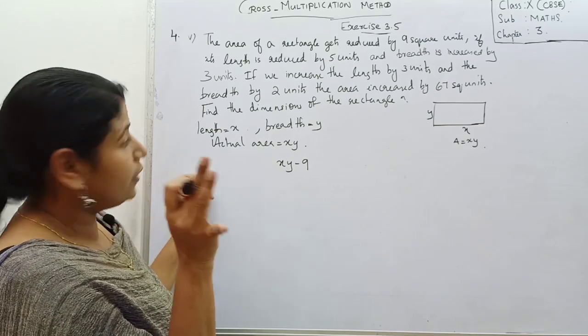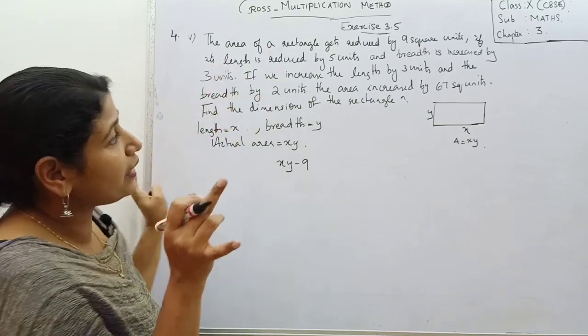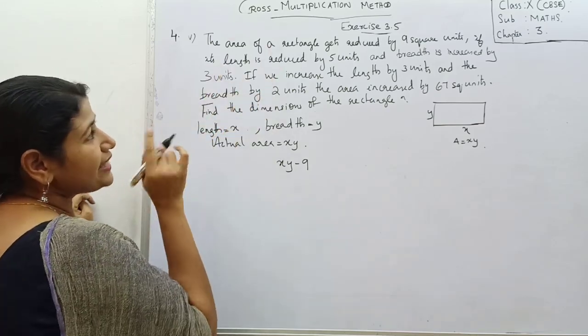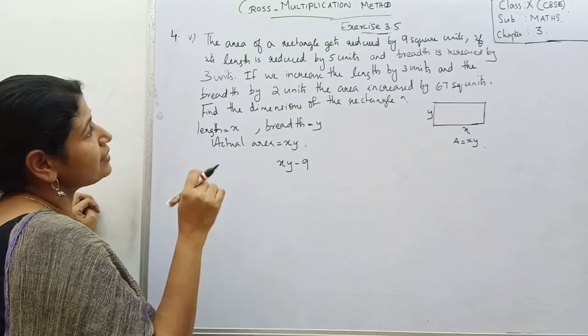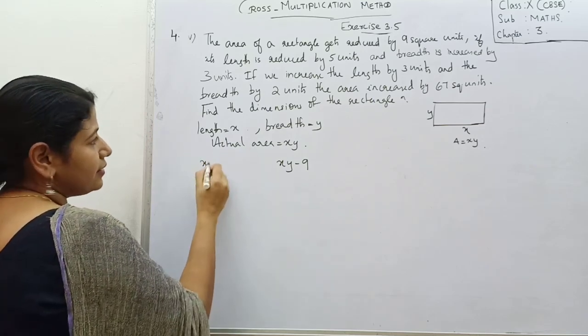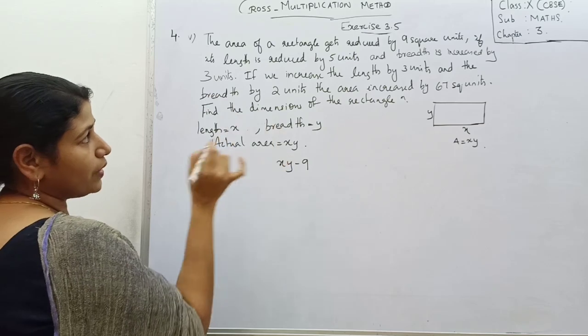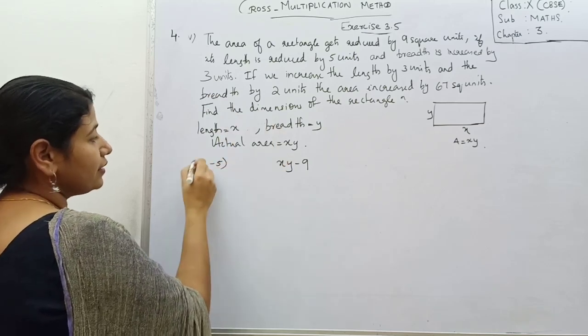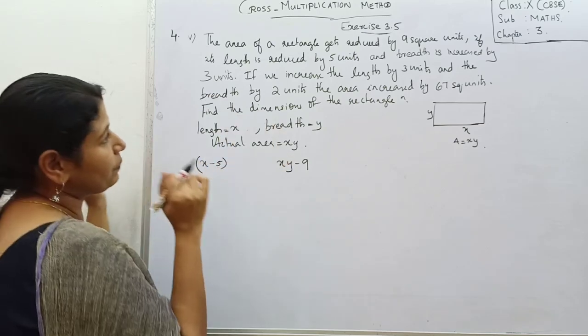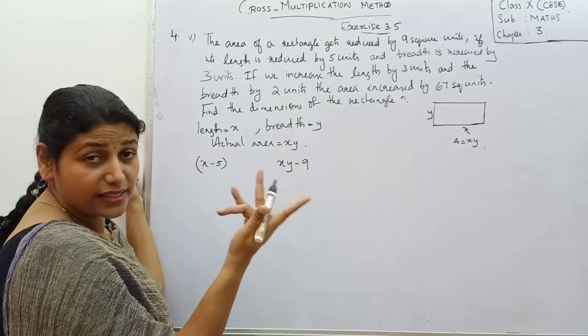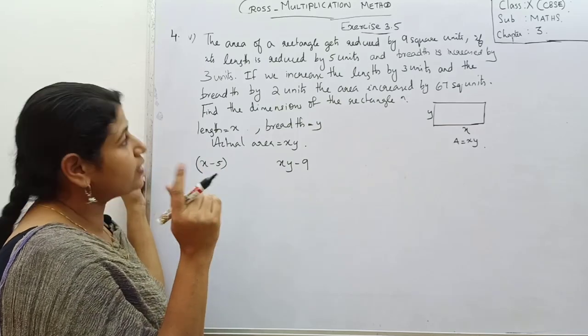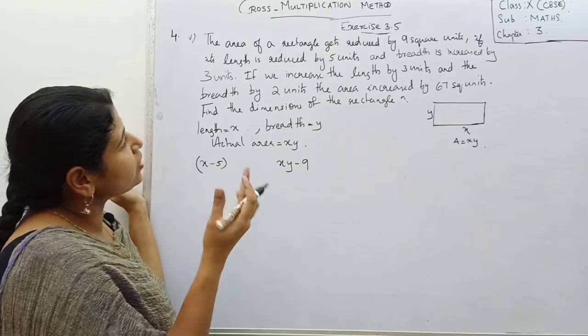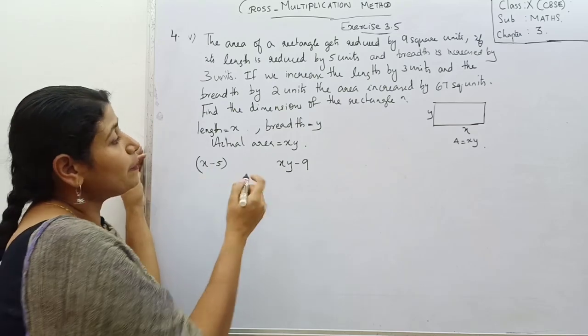If its length is reduced by 5 units, the actual length is x and it is reduced by 5, so now its length is x minus 5. And the breadth is increased by 3 units, which means the breadth changed into y plus 3.